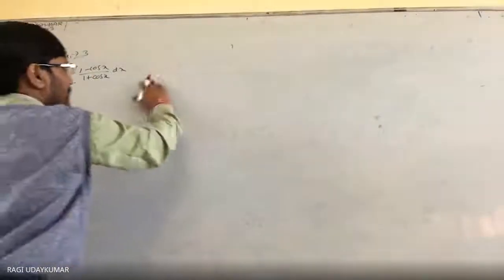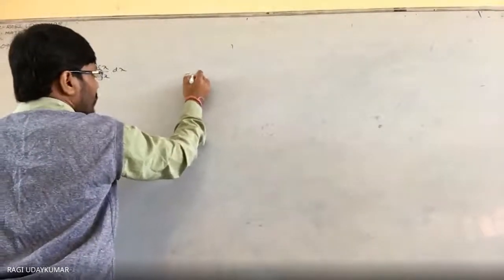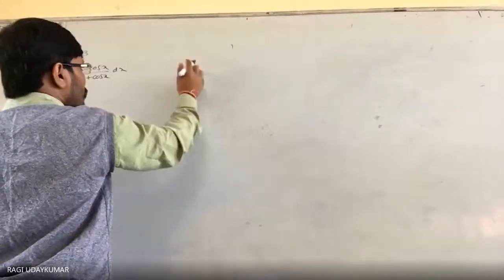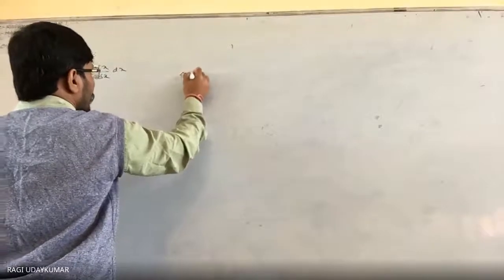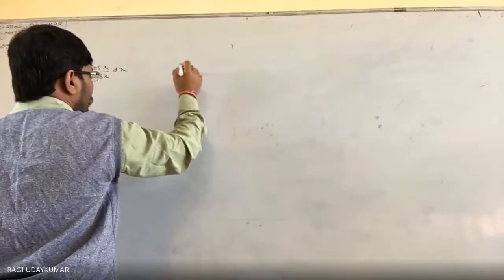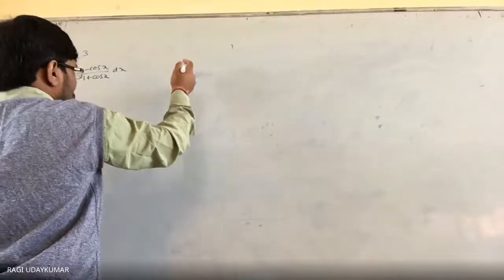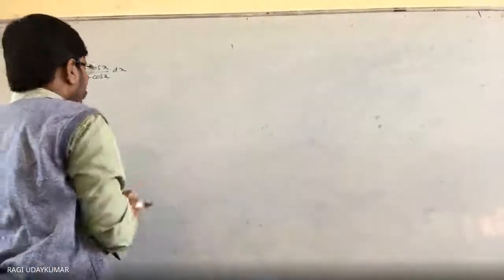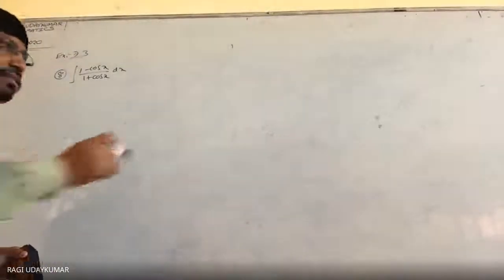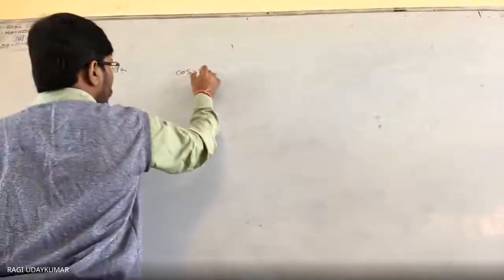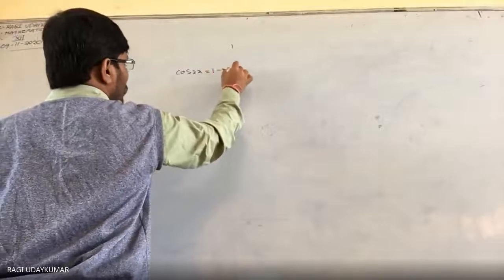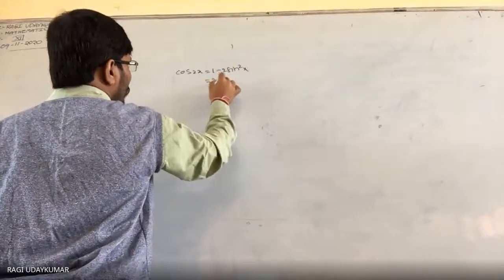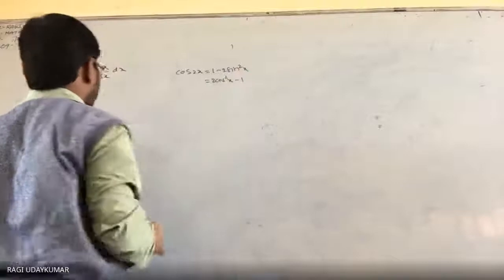Submultiple angles में क्या है? सब मल्टीपल इज नथिंग बट यही है, अभी बोला है ना sin square x is equals to 1 minus cos 2x, sorry, what can you do? Yes, like this, cos 2x is equals to 1 minus 2 sin square x or 2 cos square x minus 1.